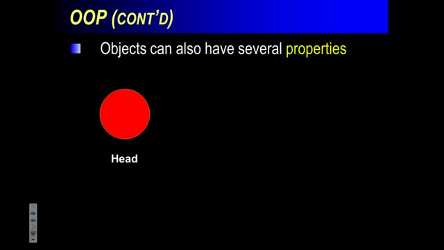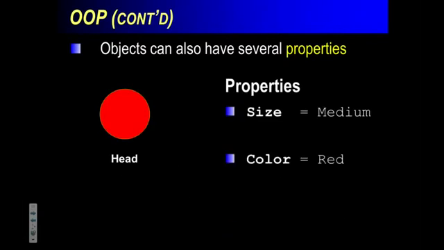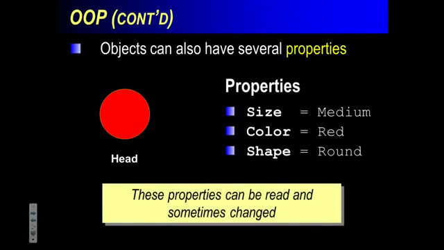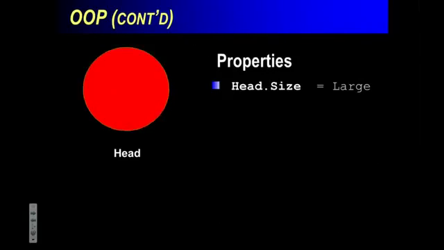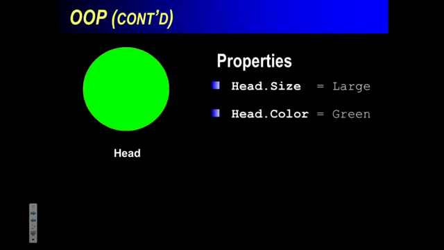Now, objects have properties. So I look at that object and I'd say, okay, here's some of its properties. Size, color, shape. Those are properties of that object. Okay? I can sometimes read the properties, and I can also change them. So I can go, well, you know what, I'm going to change some of these properties. I'm going to say head.size, large. So here you see the dot, meaning the size property of the head is becoming large. Head.color is green, and it changes. Okay?